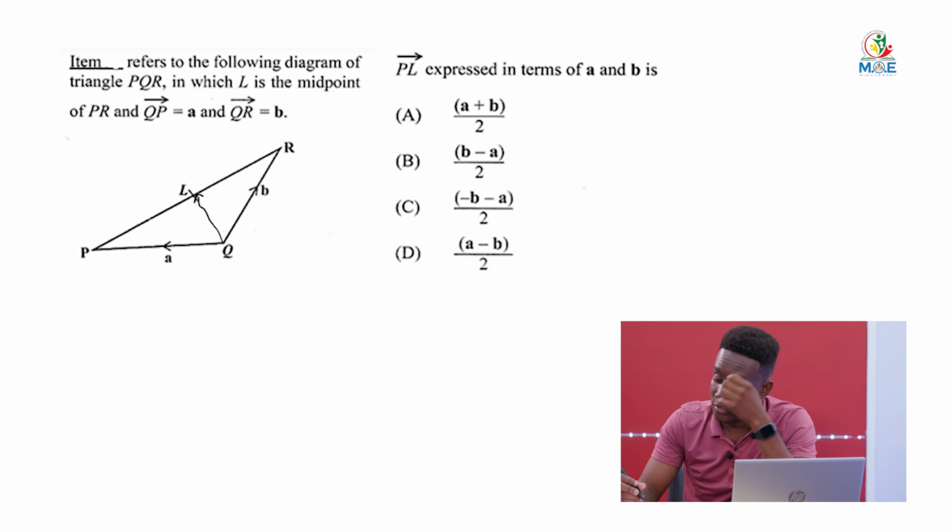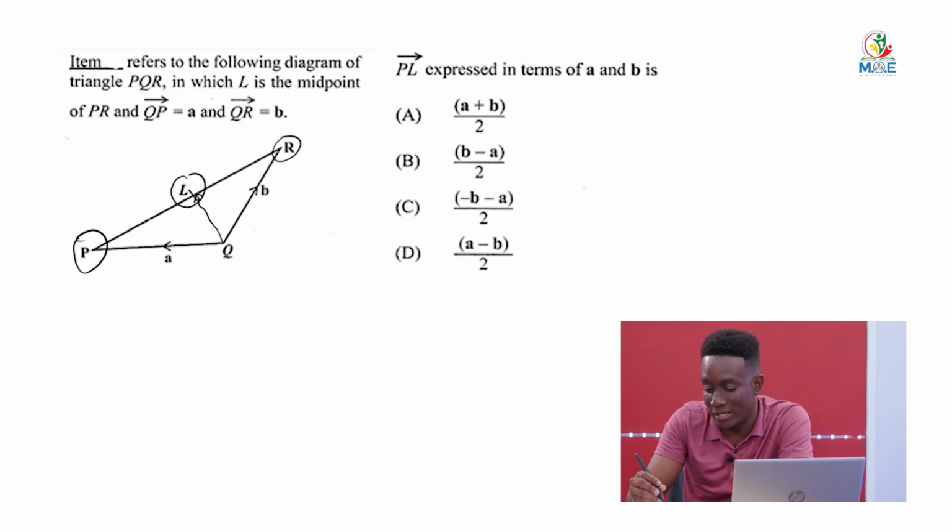So we see in order for us to find PL, we can just find PR. And then we know L is the midpoint of PR. So we can find PR and then just half it and that will give us PL. So let's find PR first of all.